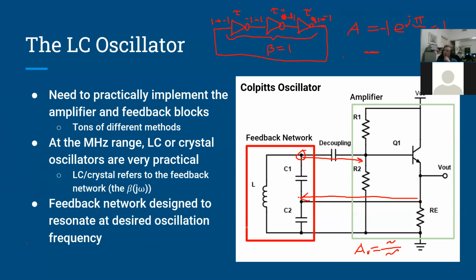So that means that the feedback network has to have a gain which may be greater than 1, might be less than 1, but it has to have a gain that is also real, because when you take the product, they have to multiply to 1, which is a real number. So the gain has to be real, and the magnitude of that gain has to be the reciprocal of the common collector gain.